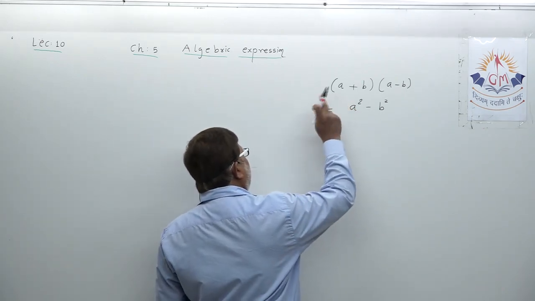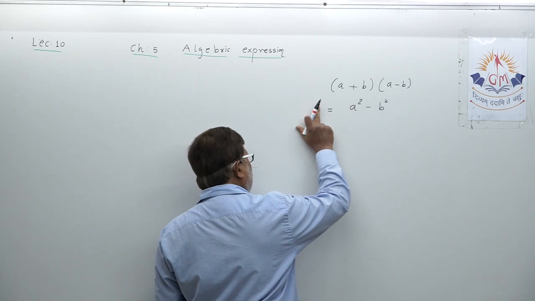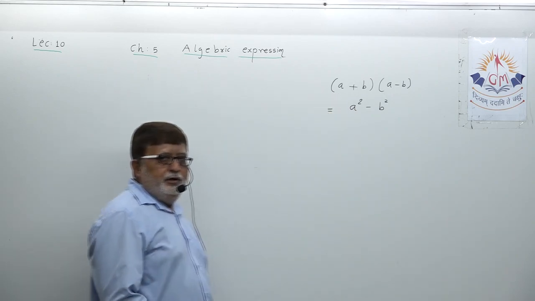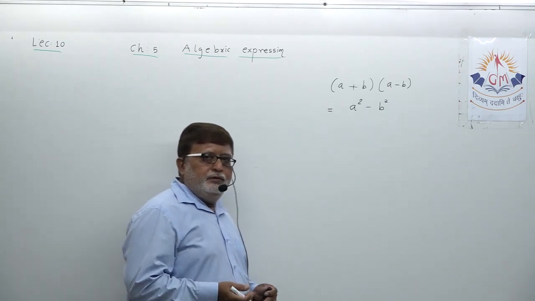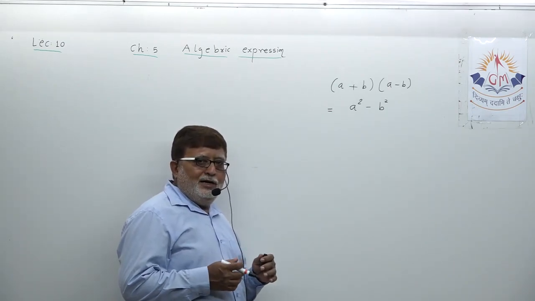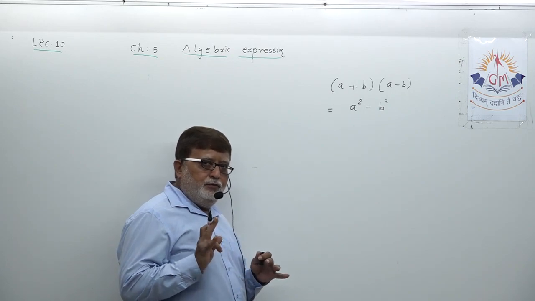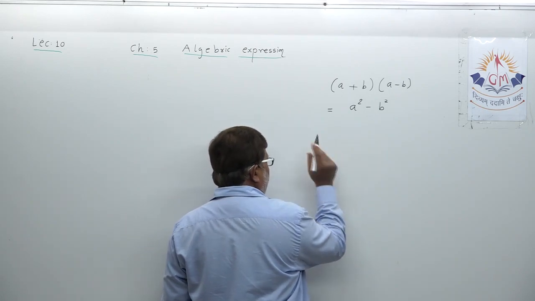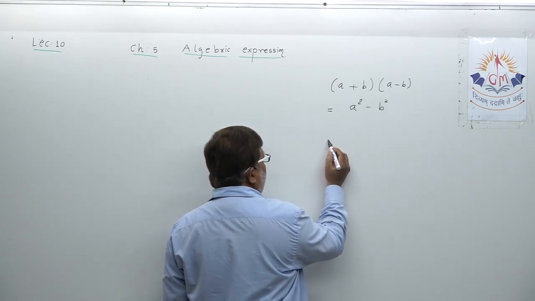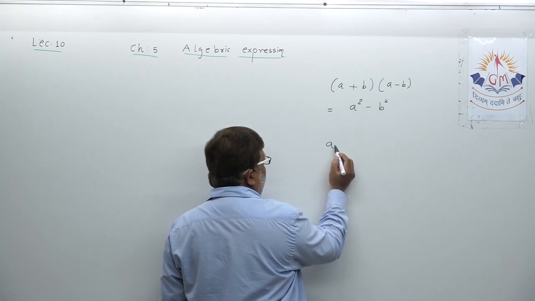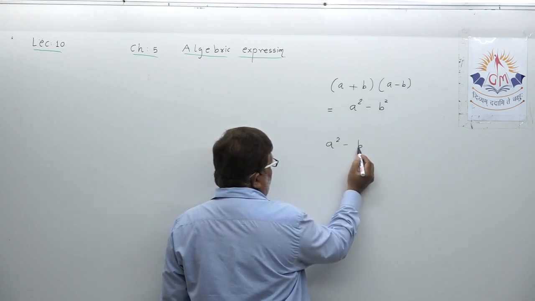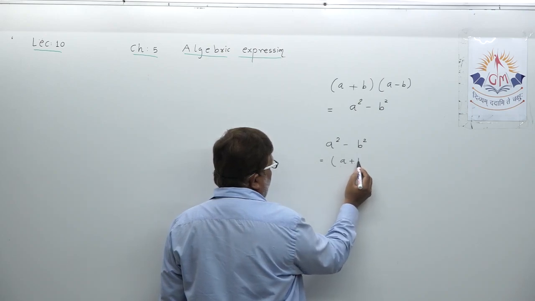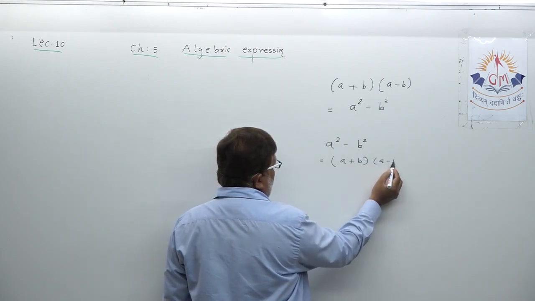Now dear students, if I write the same identity in reverse, then it becomes the identity useful for factorization. Suppose I write this way. Now your concentration has to be on this identity. a square minus b square, that's equal to (a plus b) into (a minus b).